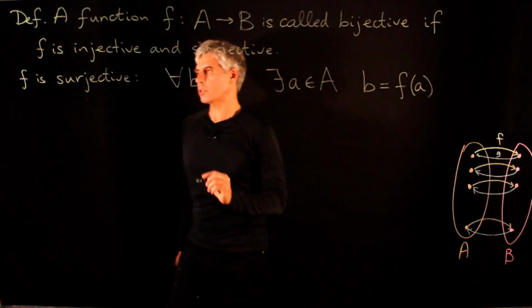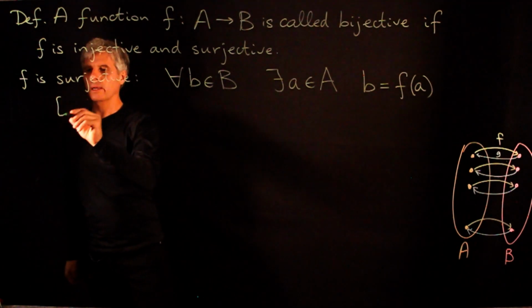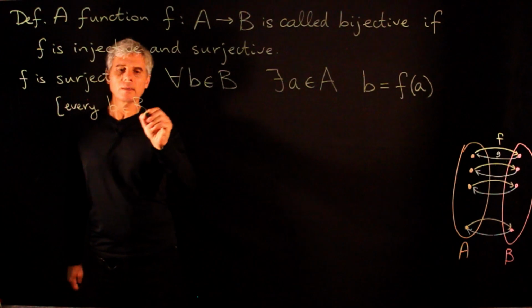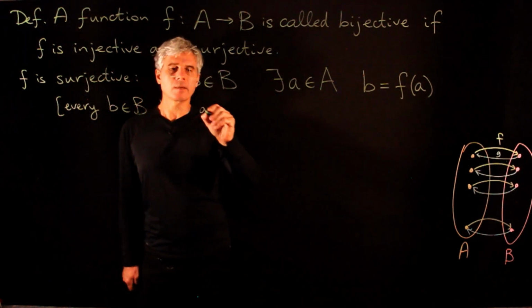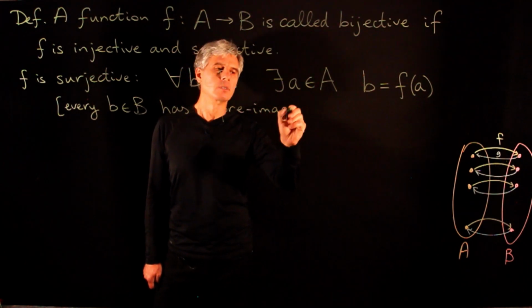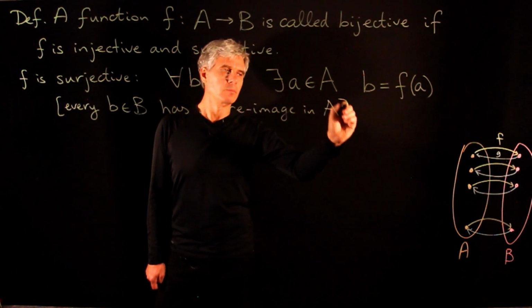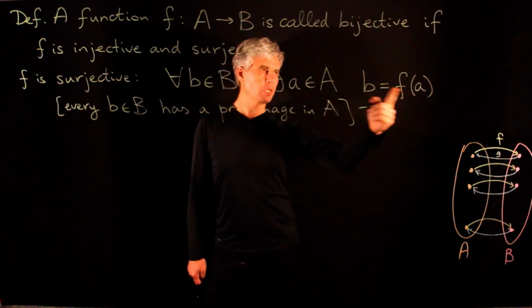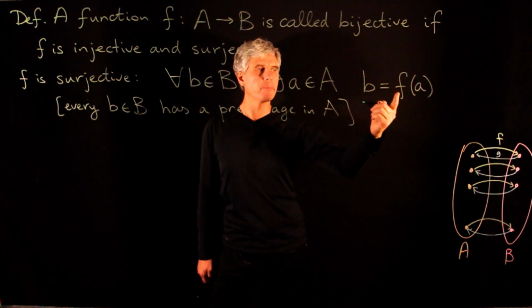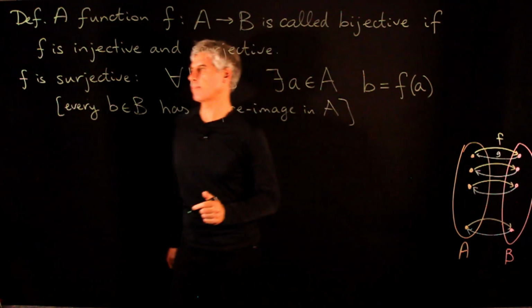So in other words, every b in the set B has a pre-image in A. So this says that a is a pre-image of b because a is mapped to b by function f.